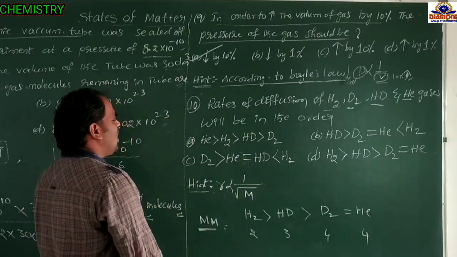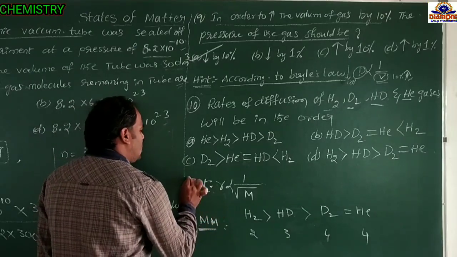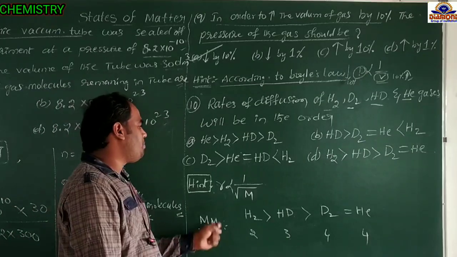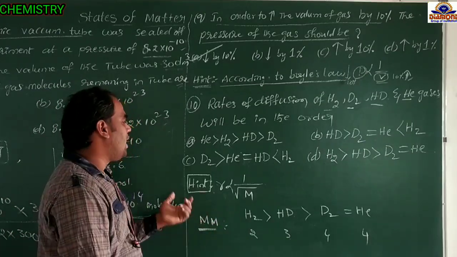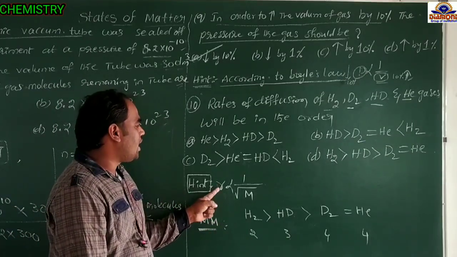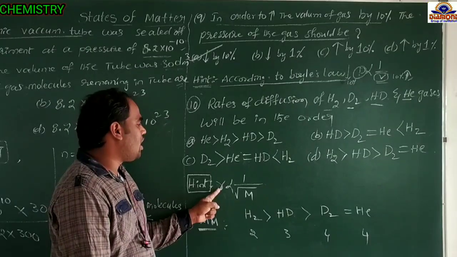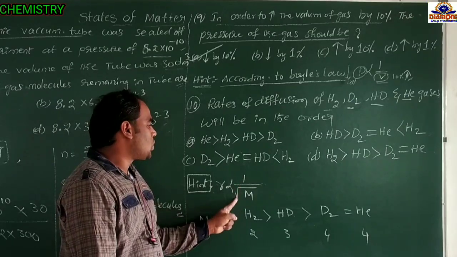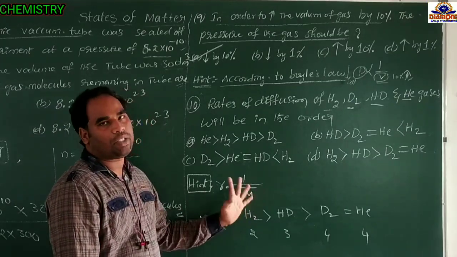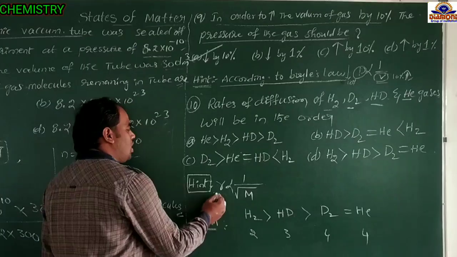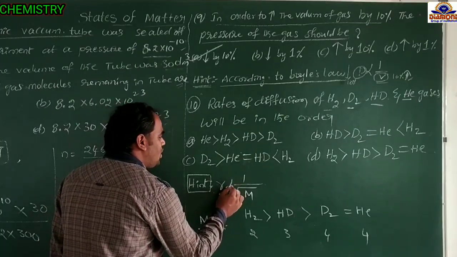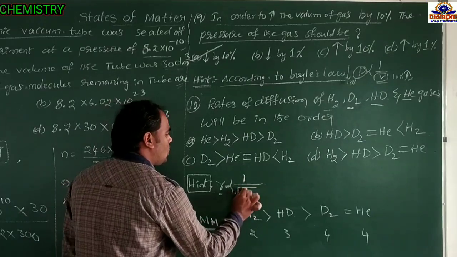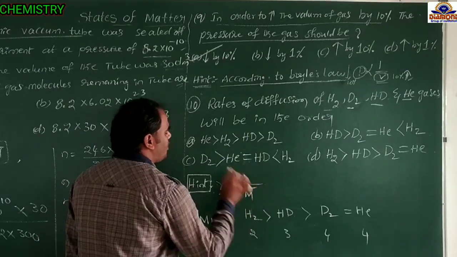Okay. So rate of diffusion, according to Graham's law of diffusion, says that at a given temperature and pressure, the rate of diffusion of gases is inversely proportional to the square root of molecular mass.